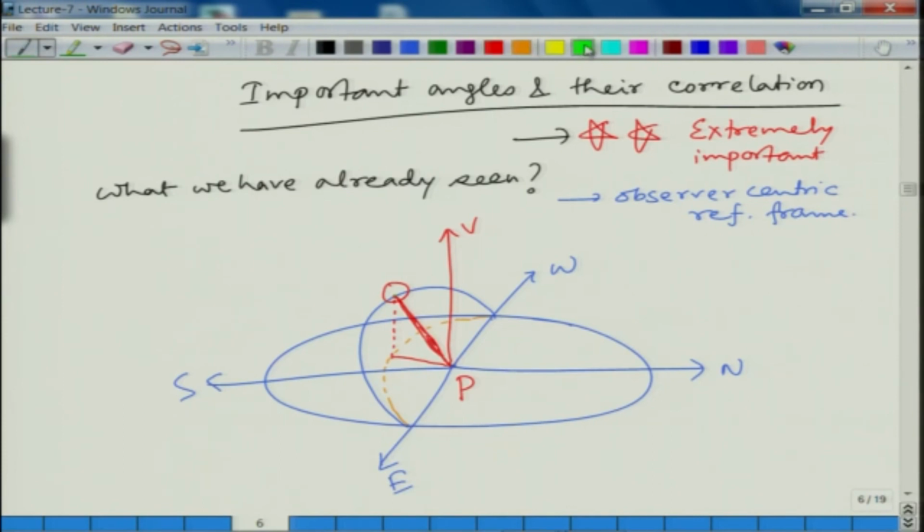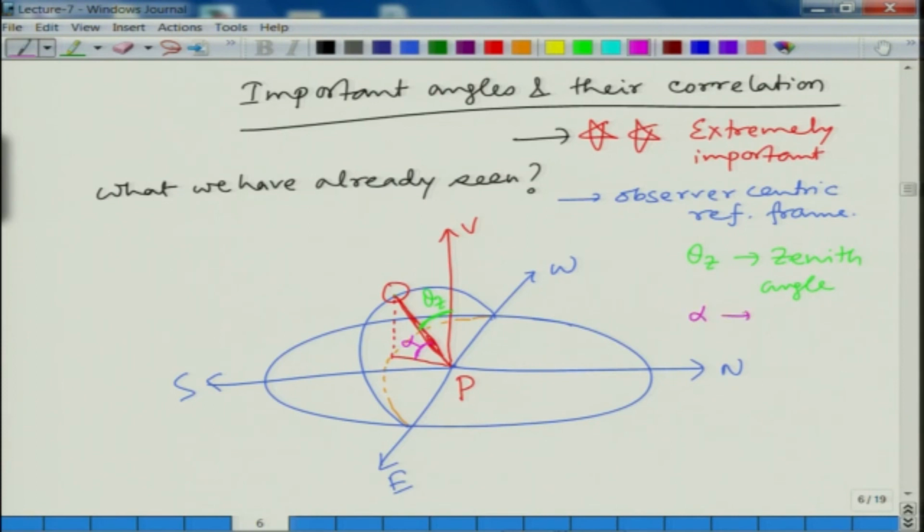Okay. The angle it is making with the vertical is the zenith angle. This angle we have seen earlier, the zenith angle, and the other angle is the altitude angle, which is just pi by 2 minus the zenith angle.